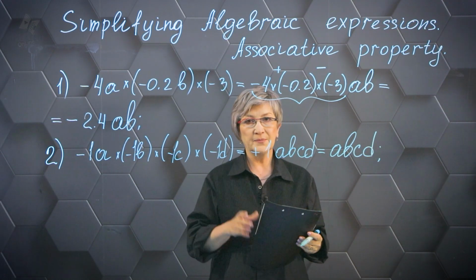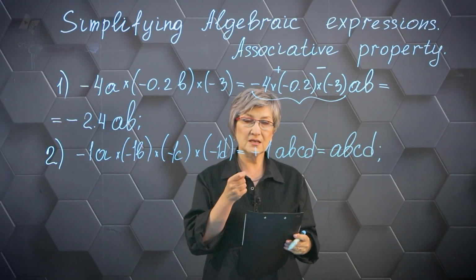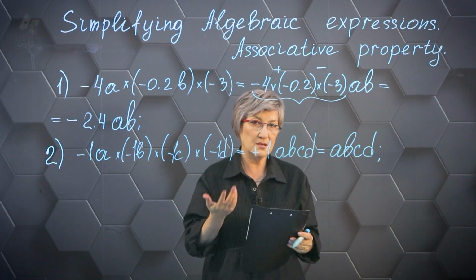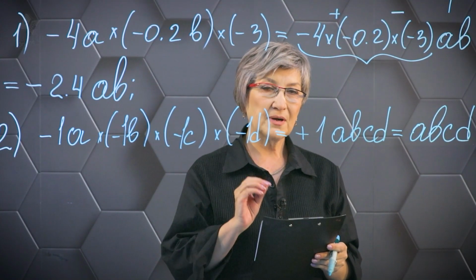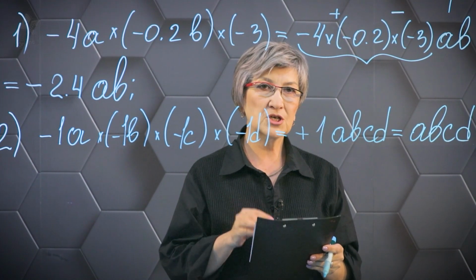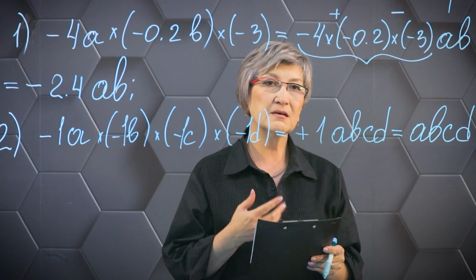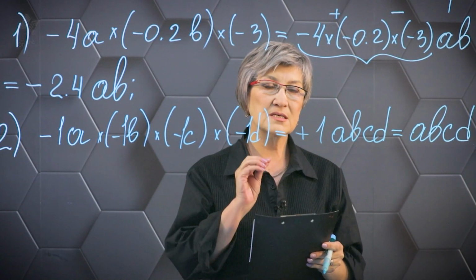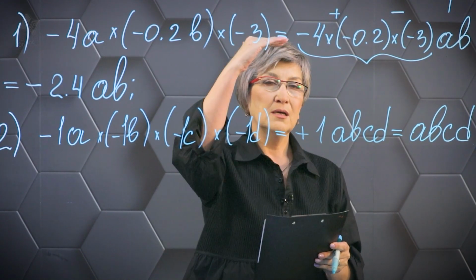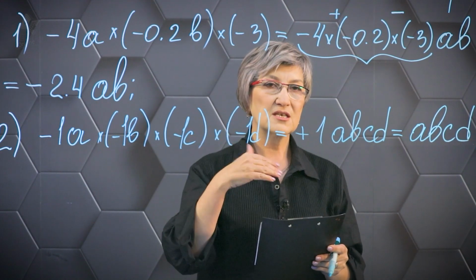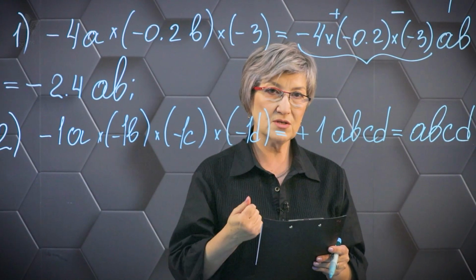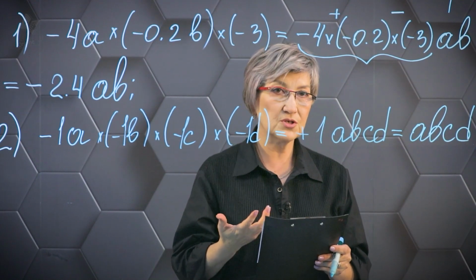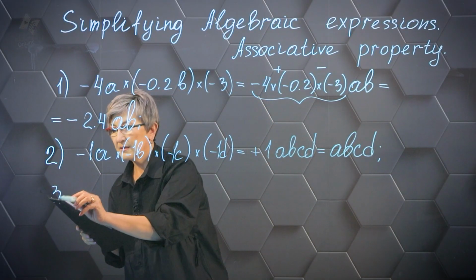If there are no numbers, then the coefficient is equal to 1. We apply exactly the same rules when multiplying fractional numbers and rational numbers. The rules of signs don't change. Our properties, the combinatorial and transpositional properties, also work when multiplying rational or fractional numbers. For example, multiply 2 whole 1/3 m by minus 3/7 n and multiply by minus 5k.